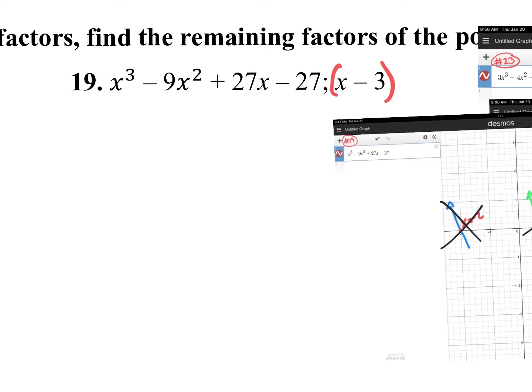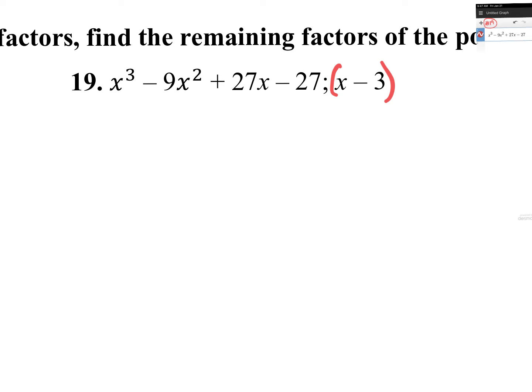Let's just go back to the original question. This polynomial, this is one of its factors. They tell you that in the instructions. It says, find the other factors of this guy when you know this given factor. So we take that factor and we put the +3 in the box.